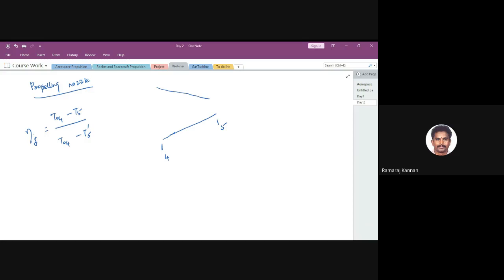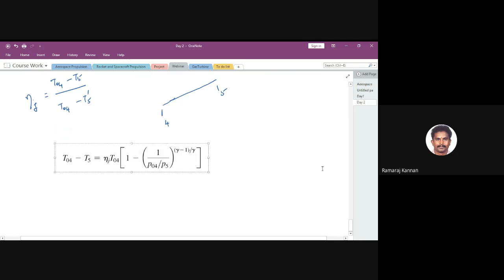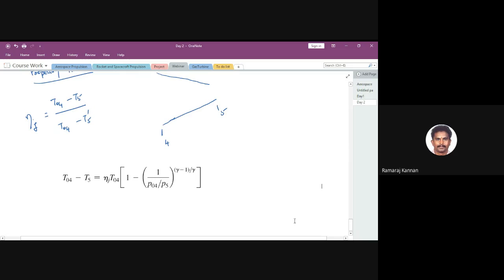You can find out T04 minus T5 from these relations. What is the use of it? If you look at it, H04 we can write as H5 plus V5 squared by 2.